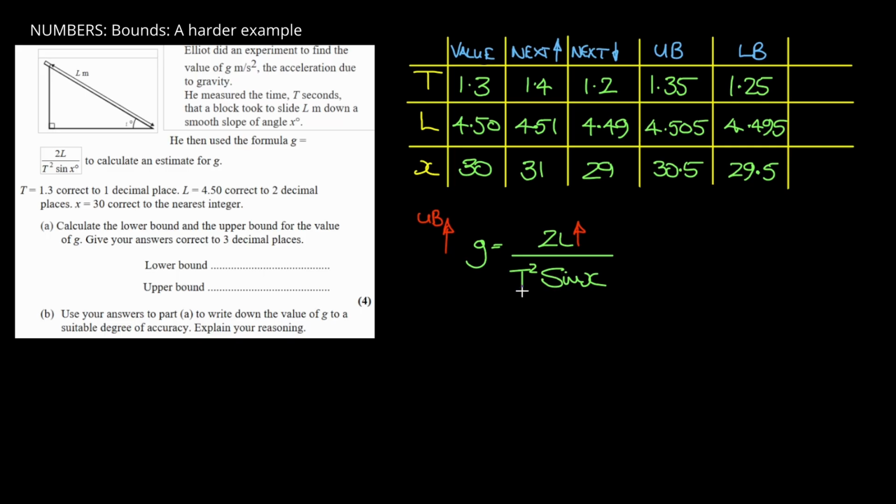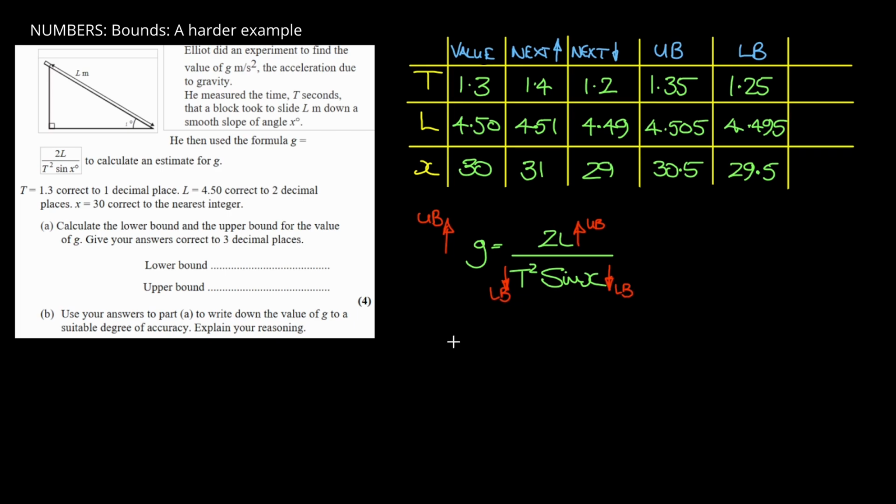But because both t and x are in the denominator, we would want t to be the smallest. This would give a higher result for g, and we also want x to be the smallest. So we would want the upper bound of L, but we would want the lower bound of x and the lower bound of t.